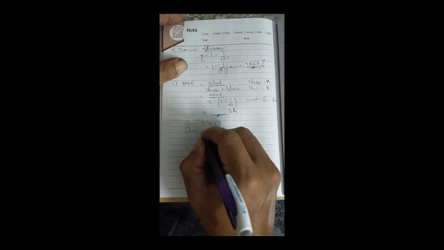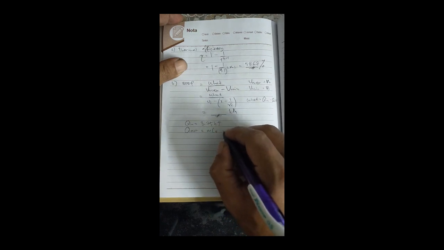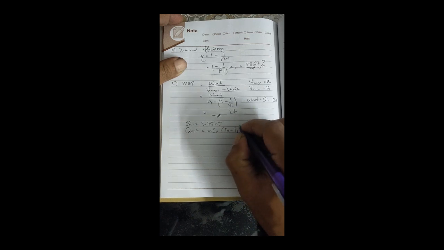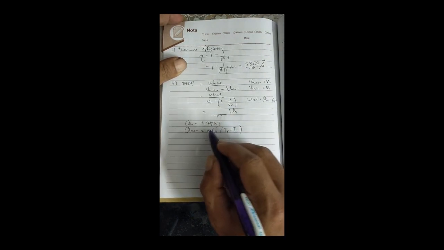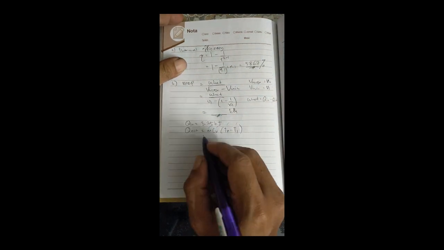Q out is m CV times T4 minus T1. So we have all, and we can calculate.